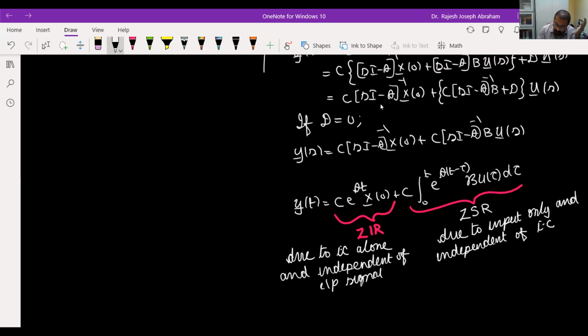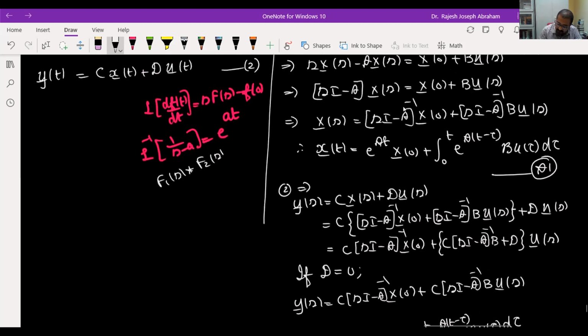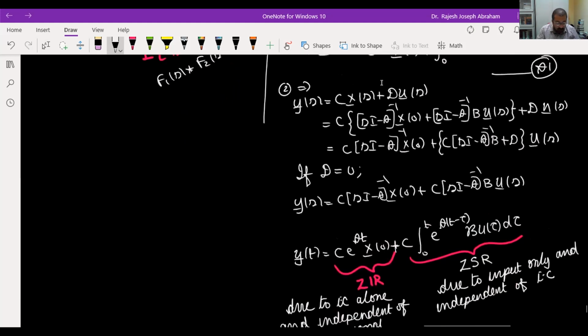So this part is due to the initial state only, whereas this part in the response arises because of the input signal. So this is the output response, and this is the state.